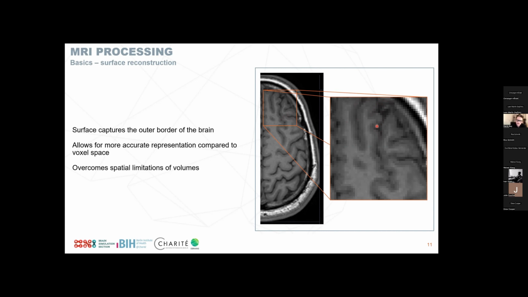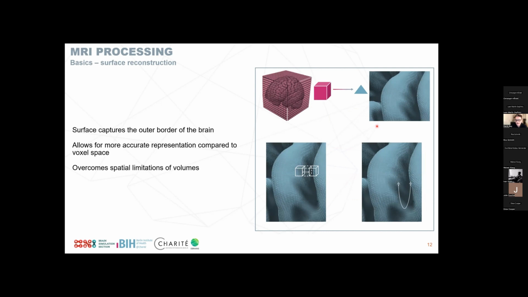So the idea is to, instead of having these 3D cubes that we use to separate the brain, we map a triangular mesh onto the outside of the brain, as you can see here.